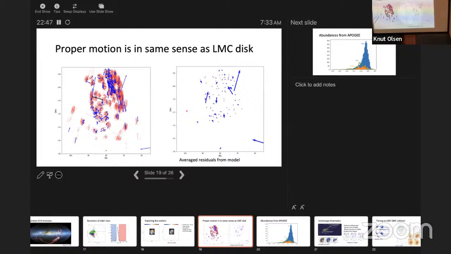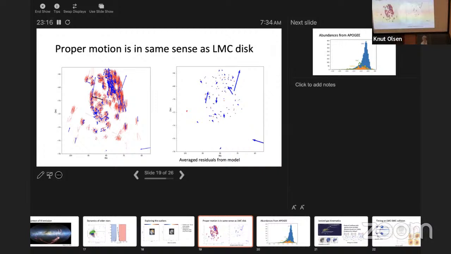And here we sort of spatially averaged those proper motions and subtracted the model in order to beat down the noise. And you can see that the model explains the normal rotating population quite well because the proper motion residuals now drop to 0. In the case of the outlier population, they don't quite disappear. They have some residual proper motion in them.